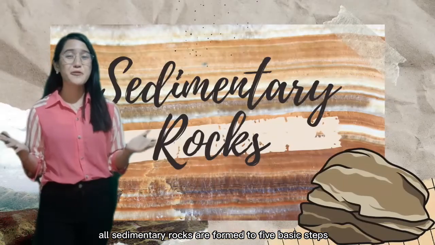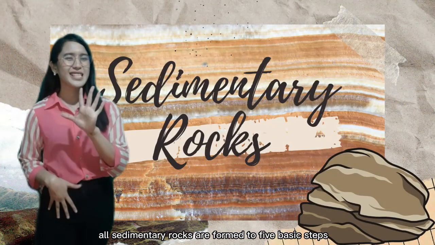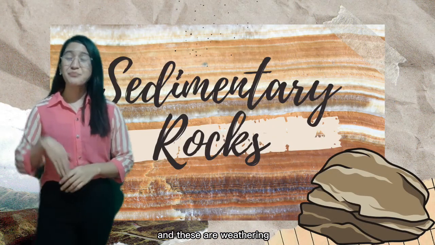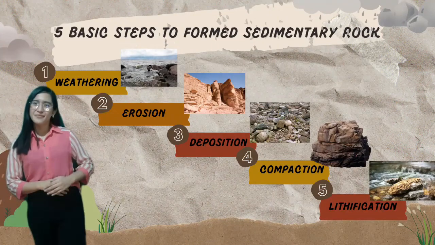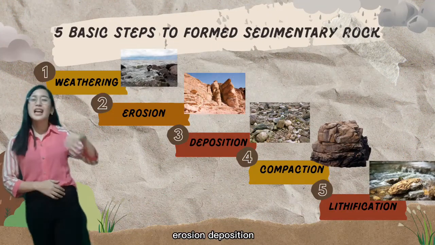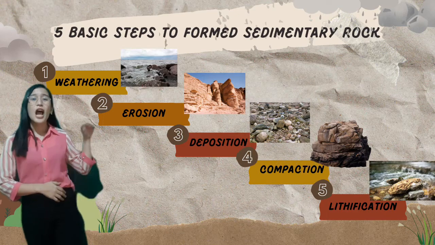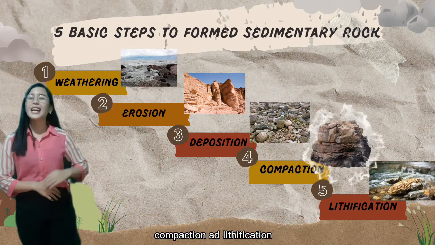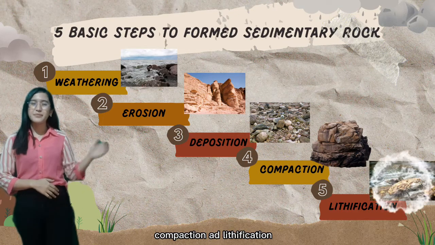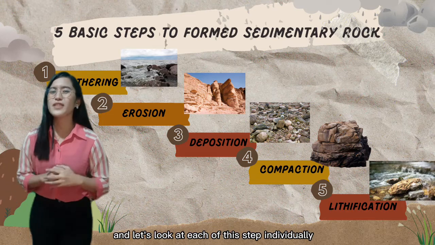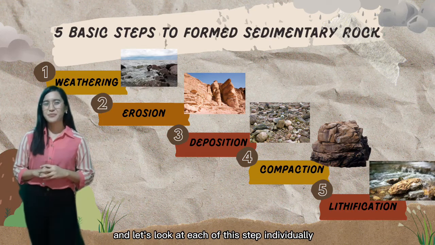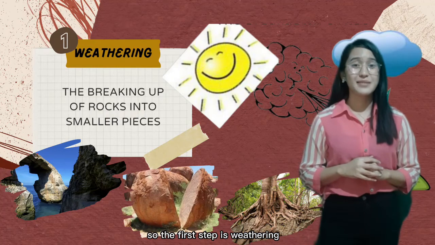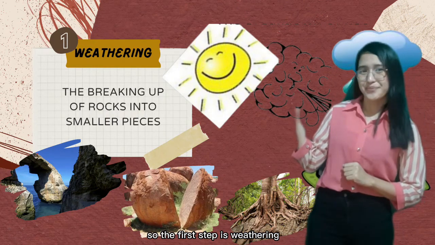All sedimentary rocks are formed through 5 basic steps, and these are weathering, erosion, deposition, compaction, and lithification. Let's look at each of these steps individually. The first step is weathering.